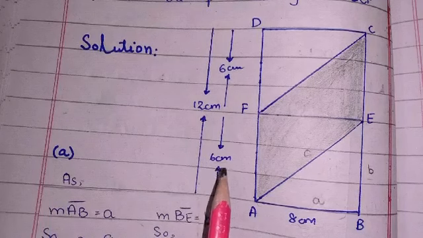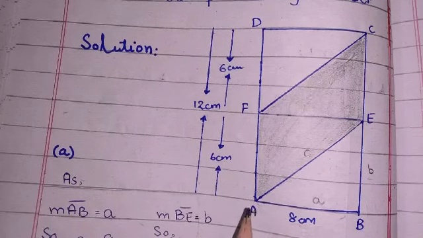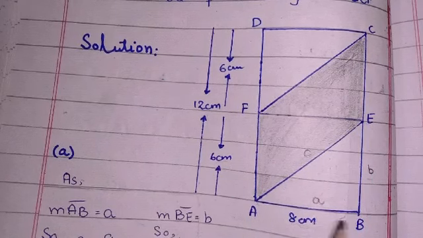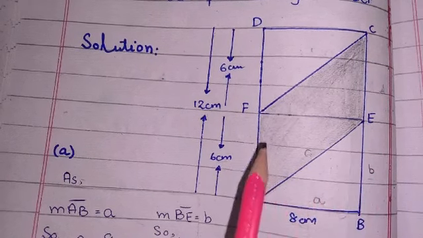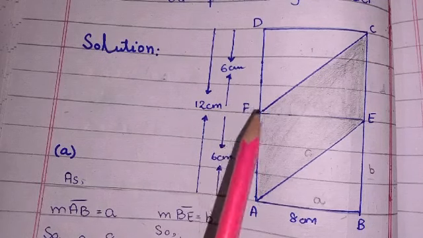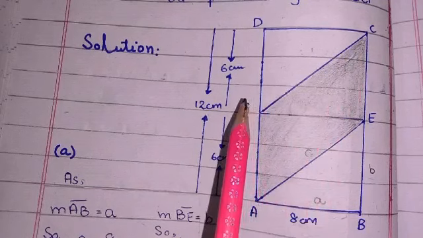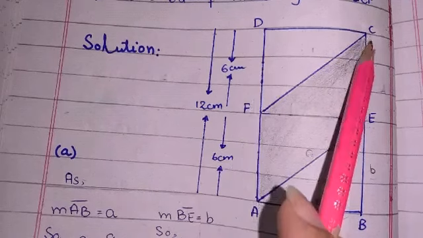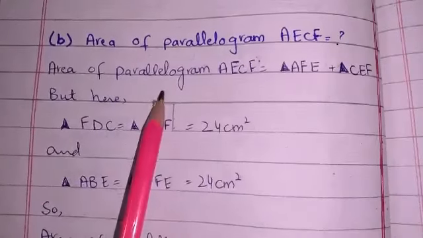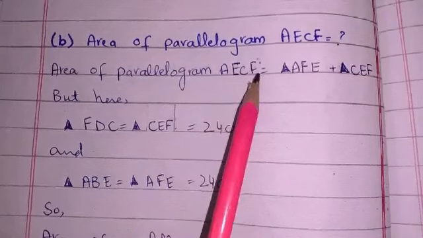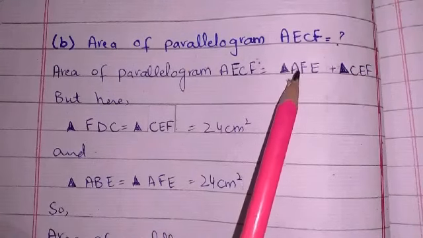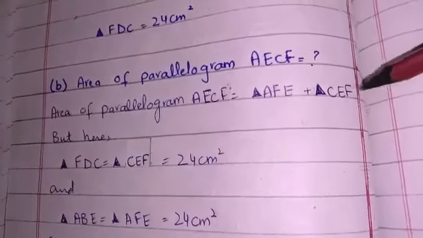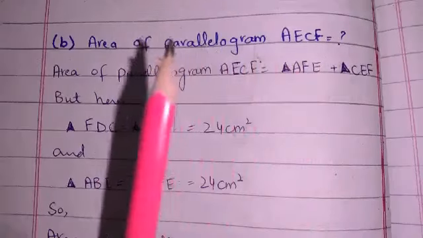And the other point is that our triangle AFE is equal to our triangle ABE, and on the other hand our triangle CEF is equal to our triangle FDC. Now students, area of parallelogram AECF is equal to area of triangle AFE plus triangle CEF. Show you in the figure.